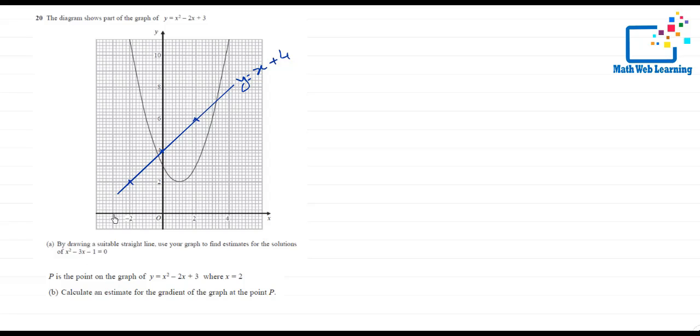Basically this is made up of this quadratic expression plus another one. Let's break it down. First thing you need to do, write it down: minus 3x minus 1 equals 0. Remember, we need to extract this expression from this.